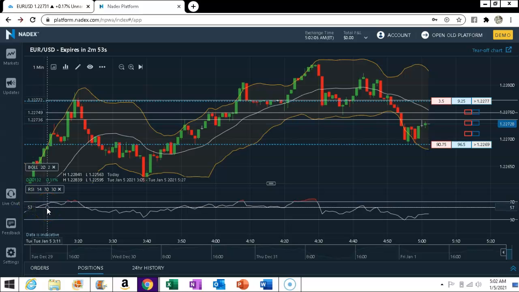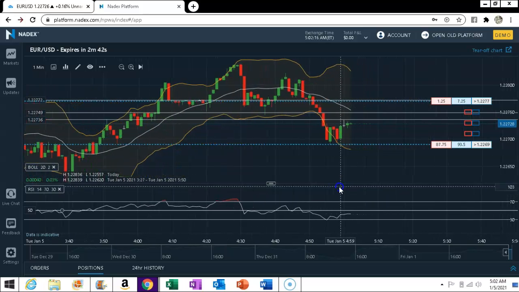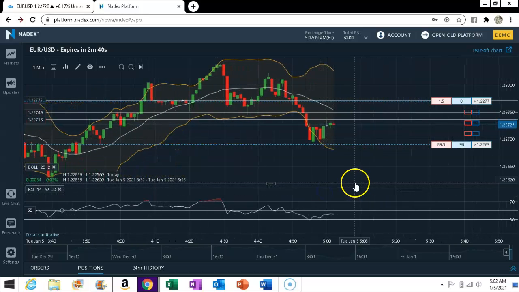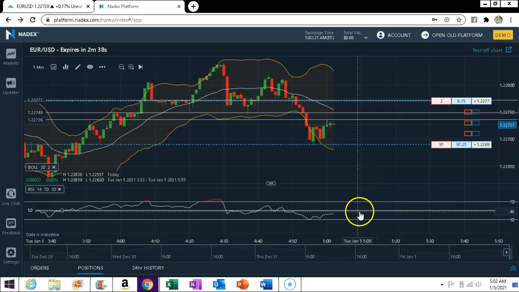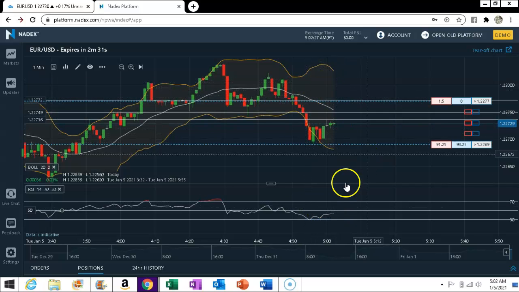You just take it all the way to 50. I like to put that here because it, to me, is like a guide. I like to think of it as the 50 period moving average being down here as opposed to up here.